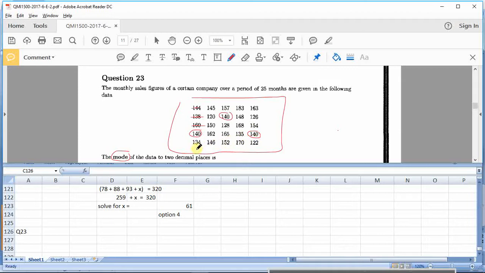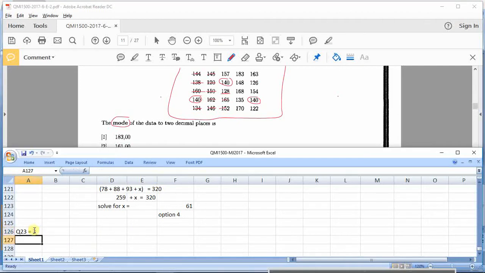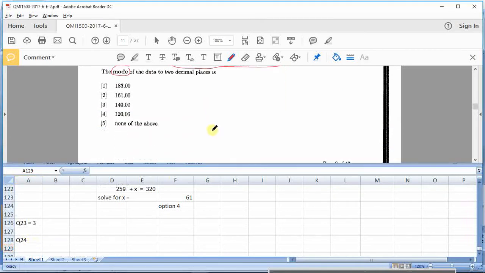Okay, how many 134s do I have? 1. 145, 1. 120, 1. 150, 1. 62, 1. 46, 1. 152, 1. 128, 1. 165, 1. Okay, so we can really see what it is. That's 140. 140, exactly. Option 3. Great, wasn't that bad? Okay.